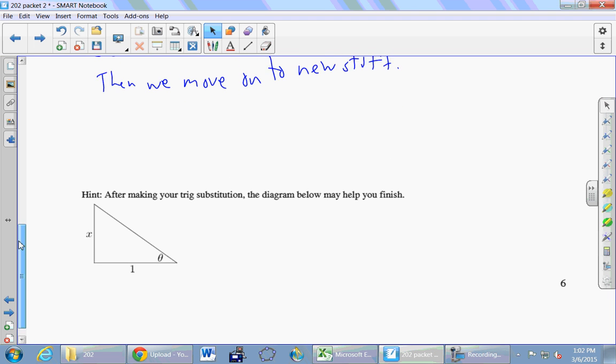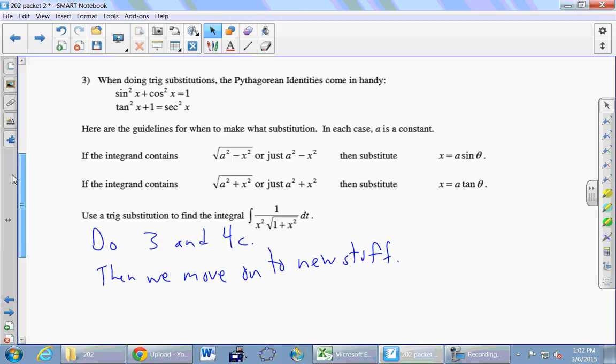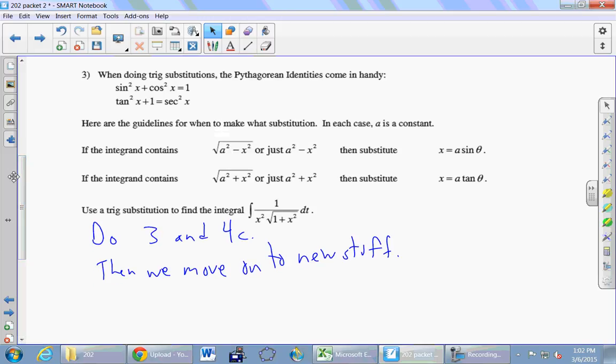So on page 6 in your packet, right around the middle of the page, you're going to start by reading number 3. And you're going to work through this problem here at the bottom of number 3 with your neighbors. And once you finish that, you're jumping over to 4C. So 3 and 4C. Hopefully in the next 15 minutes, we make a lot of progress on those 2 problems, and then we'll come back together and do the new stuff.